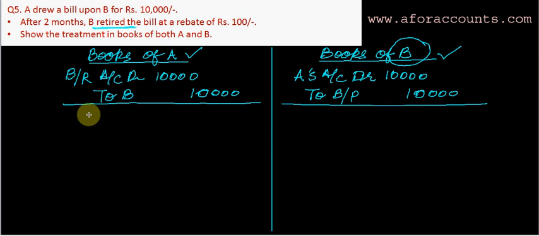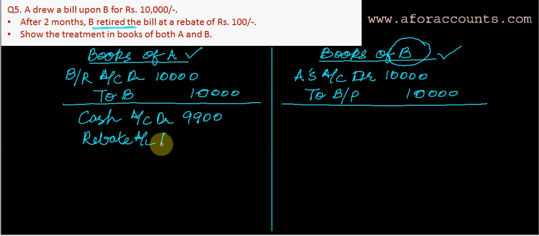The entry will be cash account debit. Cash is coming in, so cash account debit. How much? Not full, only 9,900, because 100 is rebate, expense for the drawer. So rebate account debit, rebate is 100 rupees, to bills receivable.